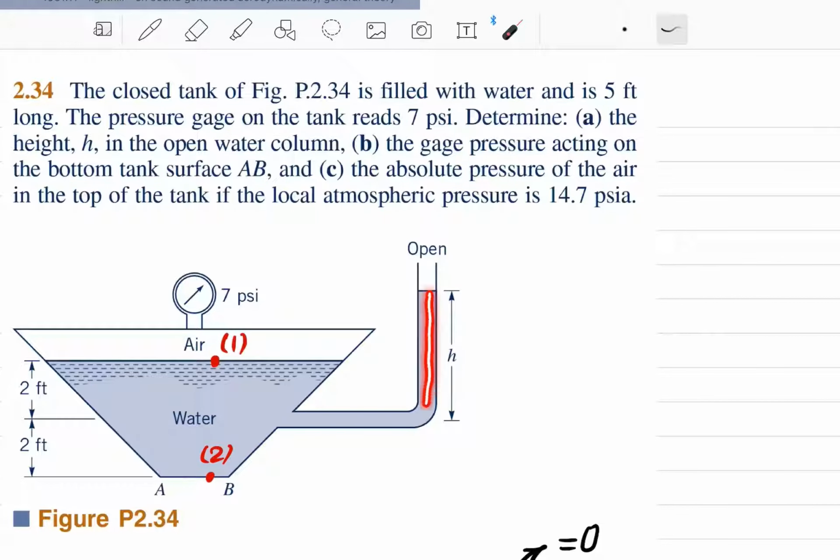We can write like this, or we can go from point 1 to point 2. So again, as we move from point 1 to point 2, as we move downward, the pressure will increase.